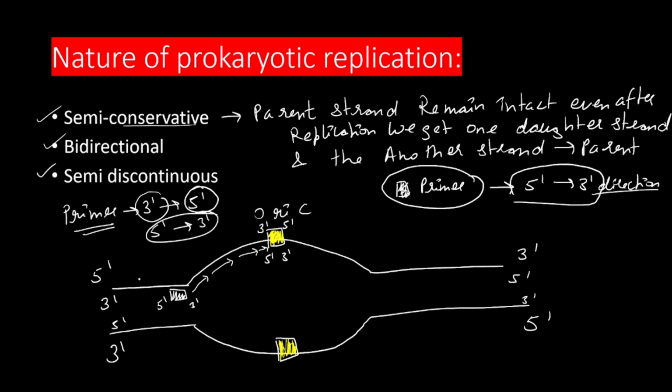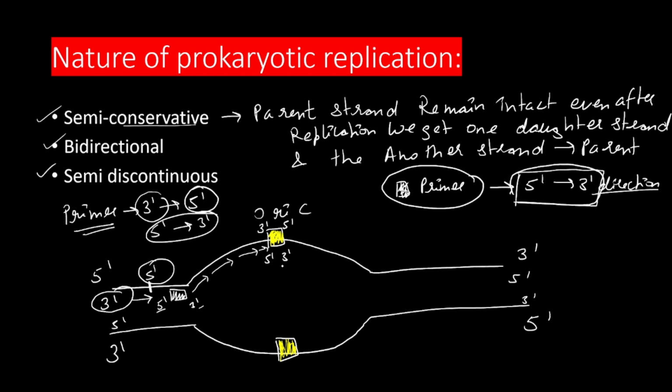If this is 3 prime, so if we cut this is gonna be 5 prime. So if the primer is attaching over here, it must be 5 prime to 3 prime. As I have already mentioned that primer will always synthesize in a 5 prime to 3 prime direction. So you are getting my point.